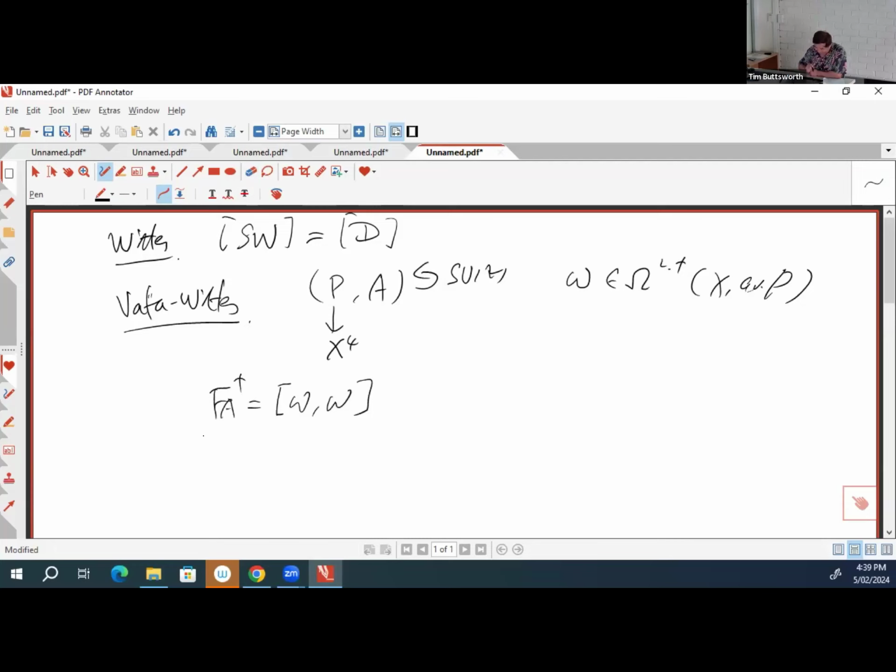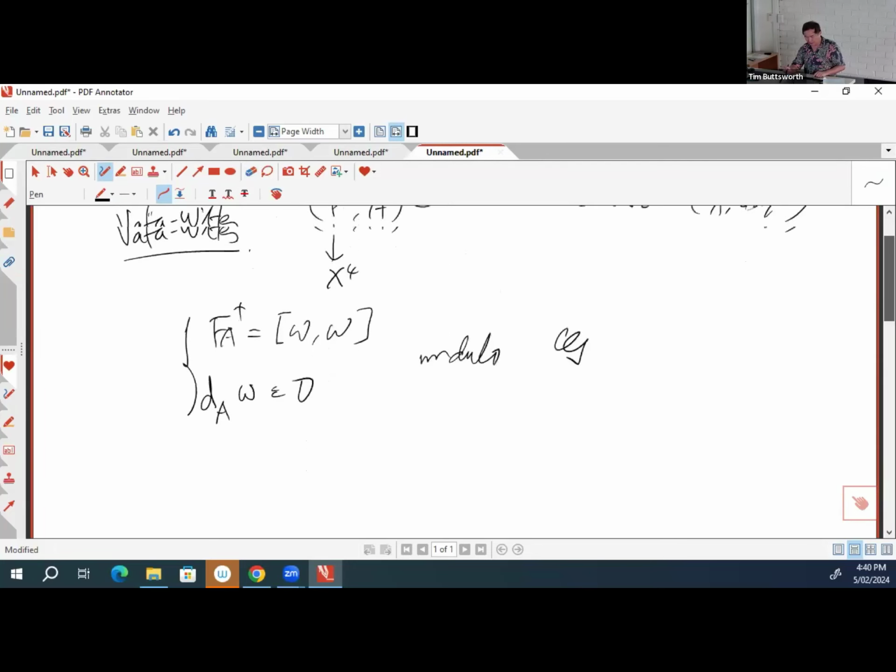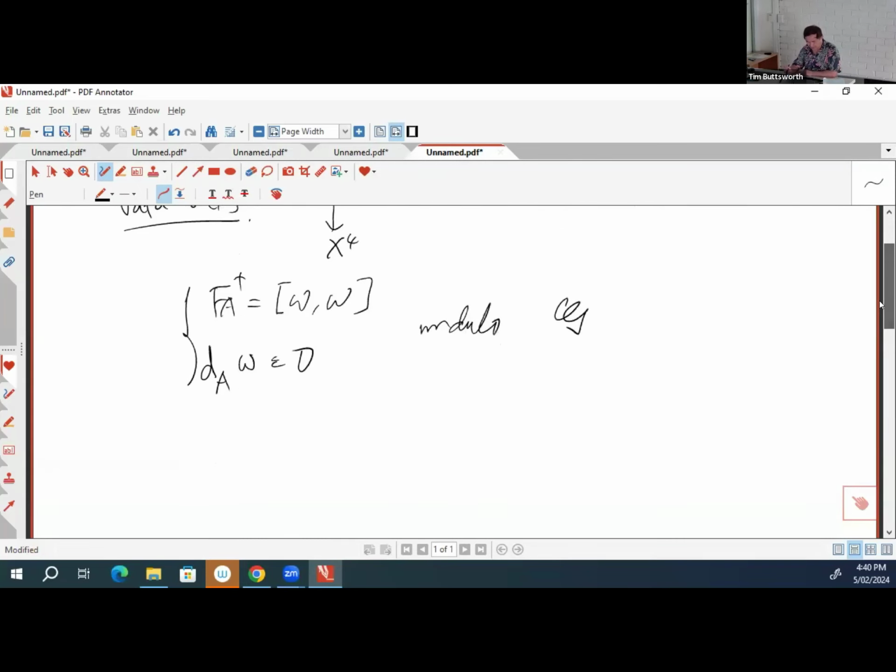But then there's another equation, which is covariant. And of course, we have to mod out the gauge. And this is something to do with the physics. Actually, it's coming from here, and towards this solution they discover.